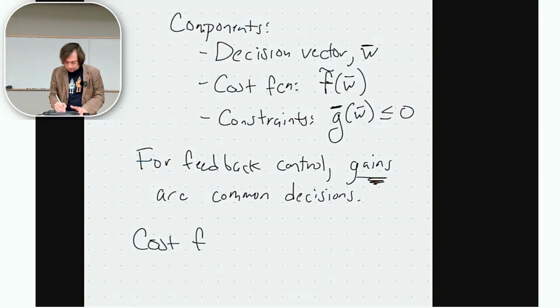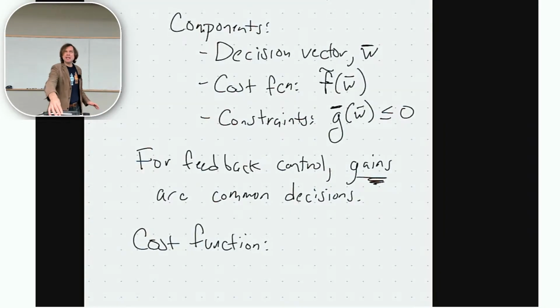Now, the cost function. What's something you might care about for your controller? Anybody just want to brainstorm with me? What are things you might care about? Speed. How fast it gets where you want to go.